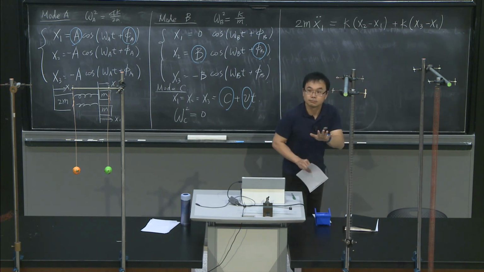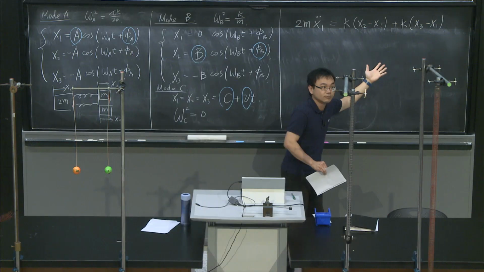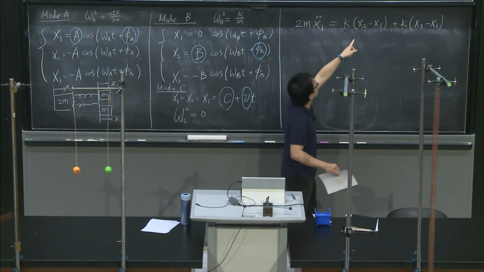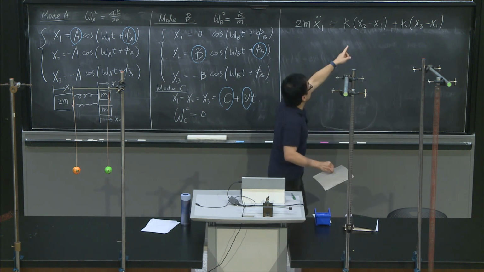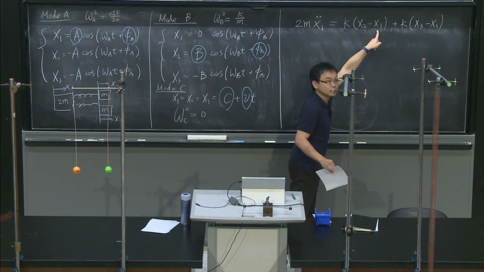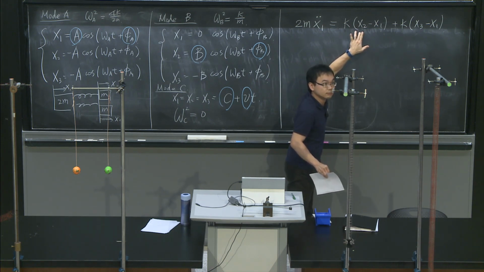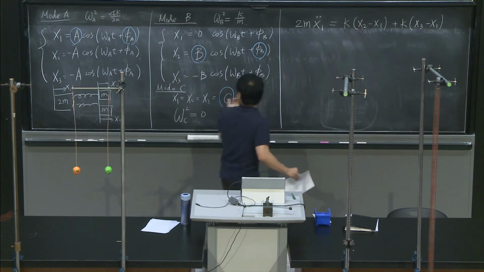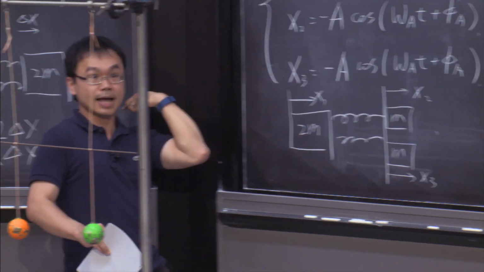Am I going too fast? Okay, everybody is following. And you can actually check the sign. You may not be sure, maybe this is actually x1 minus x2? But you can check that, because if you increase x1, what is going to happen? This term will become more negative, right? More negative in this coordinate system is pointing to the left-hand side.